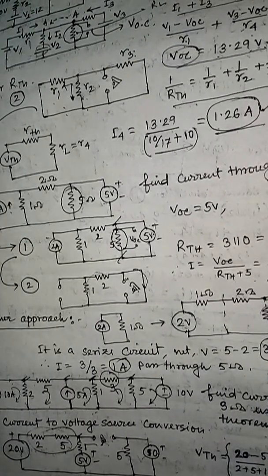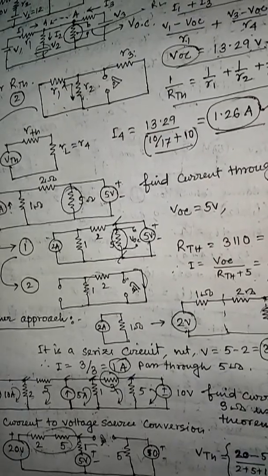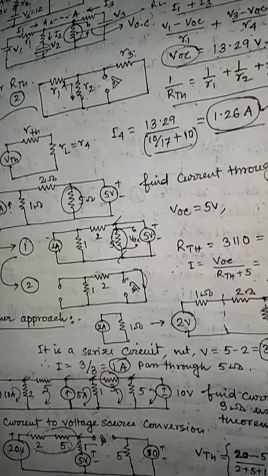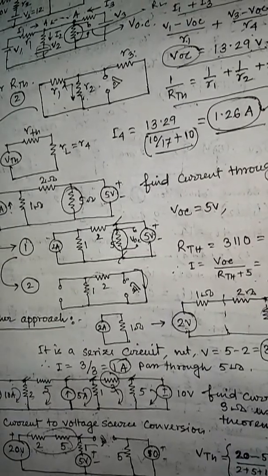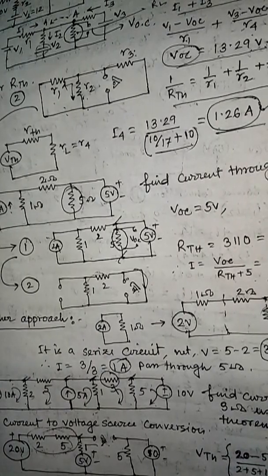This type of problem can be done using KVL, KCL, node analysis or mesh analysis, and two-port analysis is also applicable to find different critical resistances or the current flow.